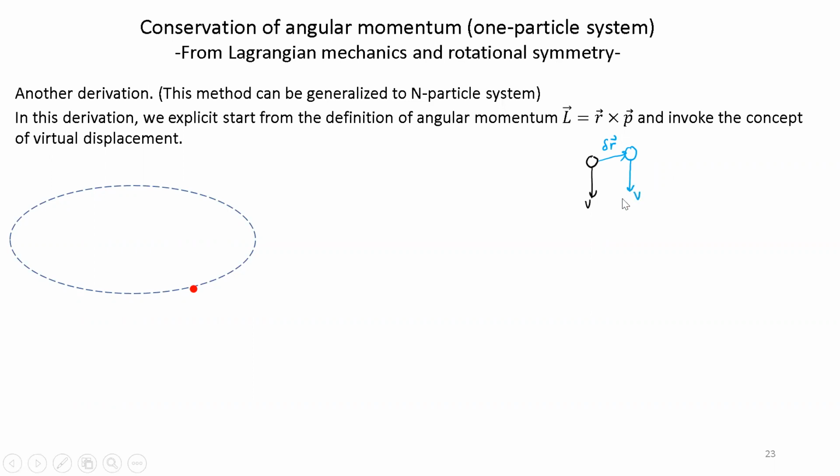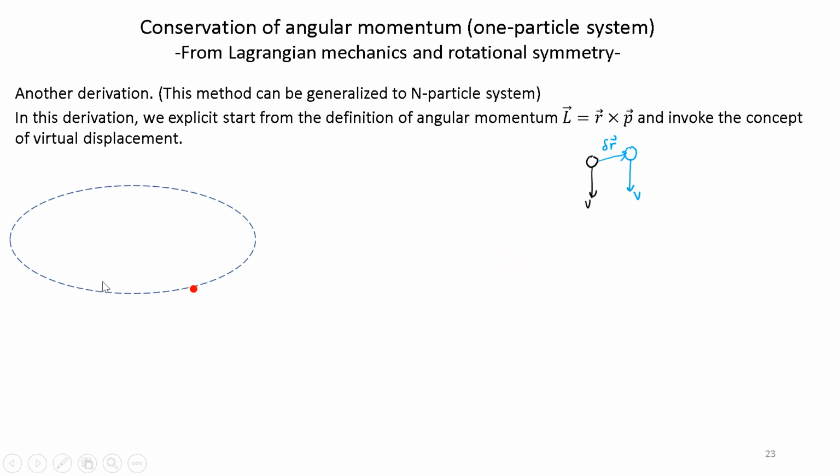That's the mental picture that I want you to have. This time we are talking about also a virtual displacement, but it's an angular virtual displacement. What it really means is the following.